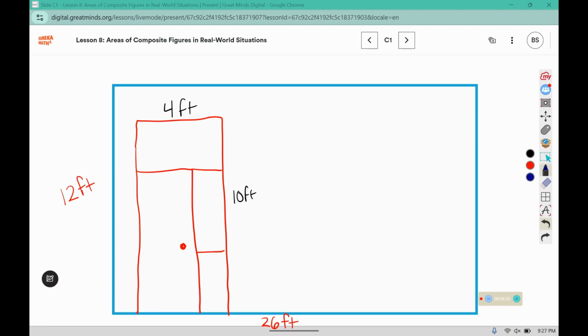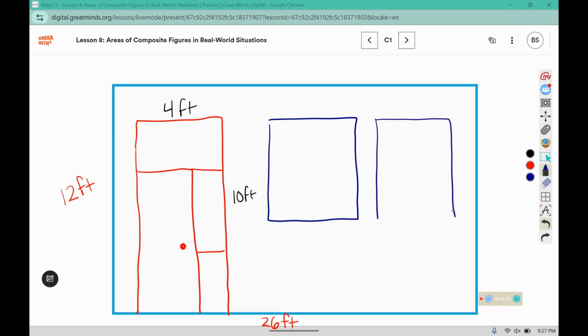There are also 2 large windows in our classroom that are rectangular in shape. And these windows are 6 feet wide, and they are 8 feet tall.